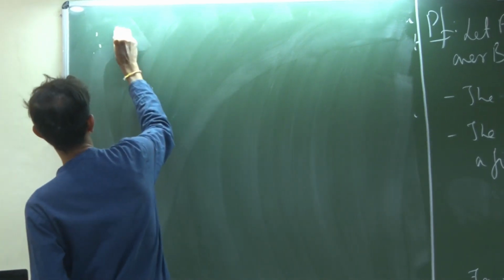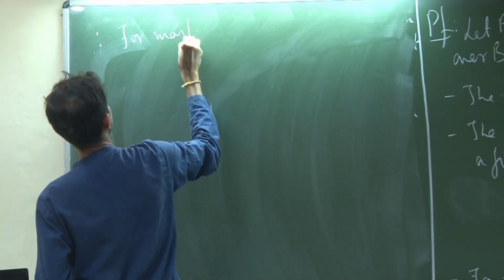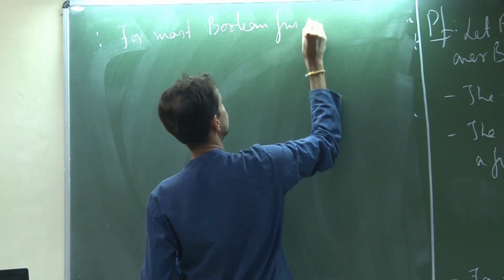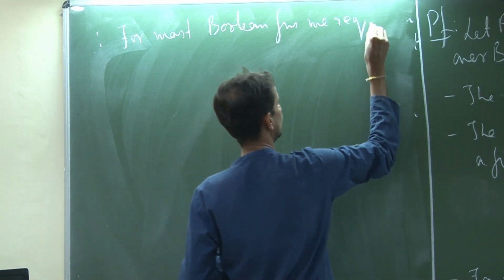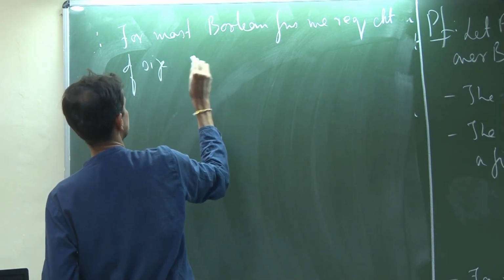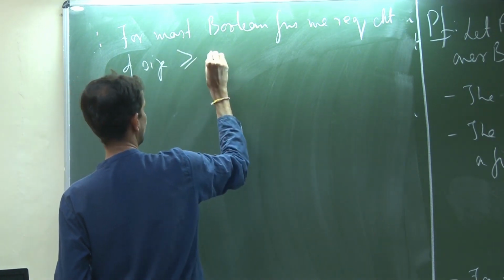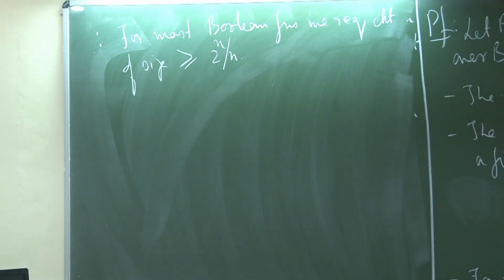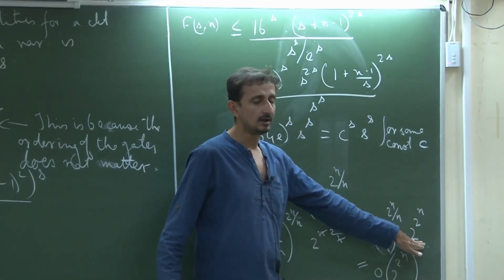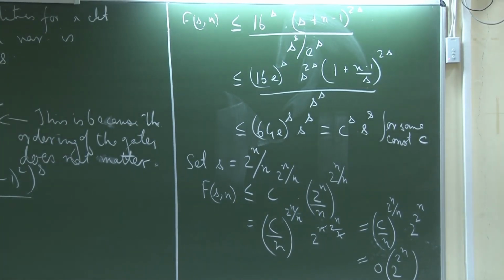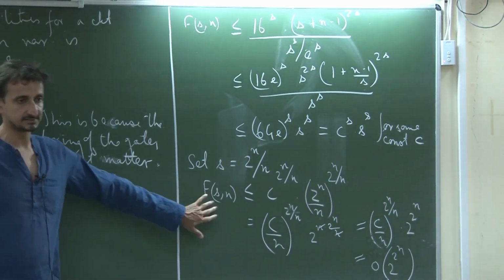Therefore, for most Boolean functions, we require circuits of size greater than or equal to 2 to the power n over n, because this was the number of circuits, which is asymptotically smaller than the total number of Boolean functions. So, therefore, for all remaining Boolean functions, we require circuits of size greater than s.